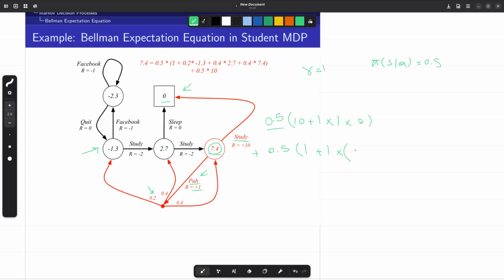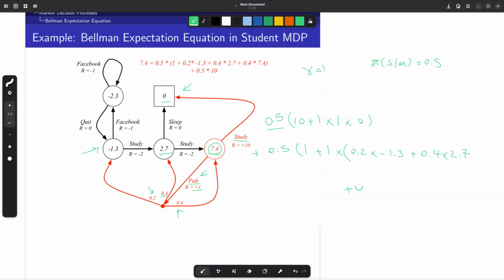So it is going to be 0.2 times minus 1.3 plus, with 0.4 probability, I'm going to get 2.7. So 0.4 times 2.7 plus, with 0.4 probability, I get back to this state.